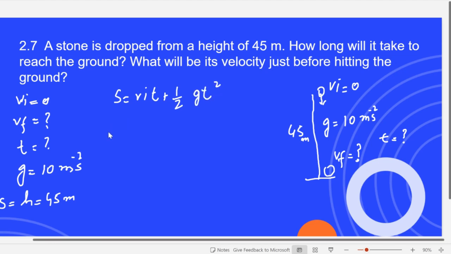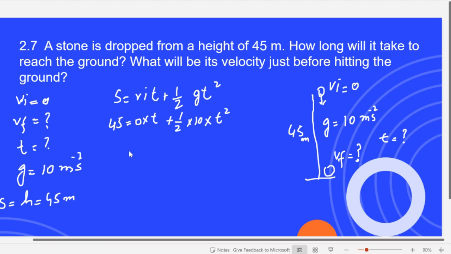In place of S or h, we will write 45. And the initial velocity is 0, and multiply by time t, which we have to calculate. We will write as it is, plus 1 over 2, and the value of g is 10, and multiply by time t square, which we have to calculate.